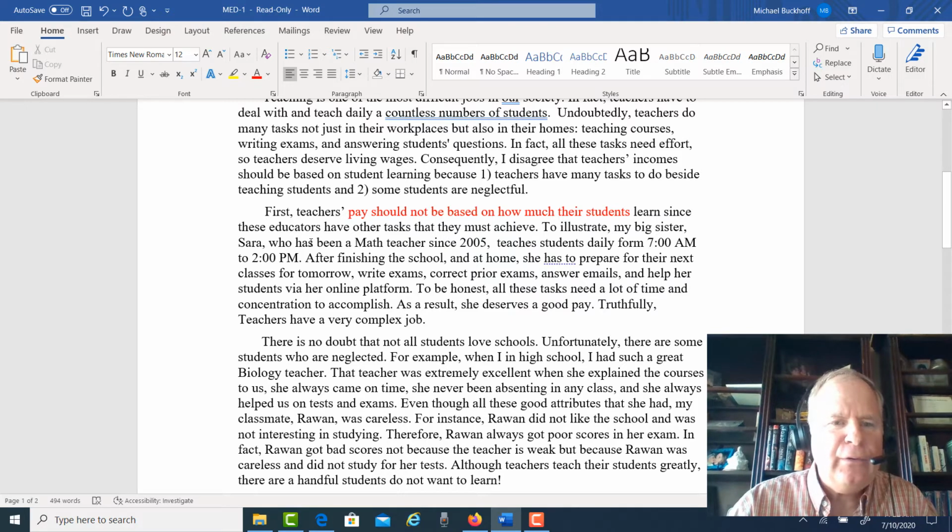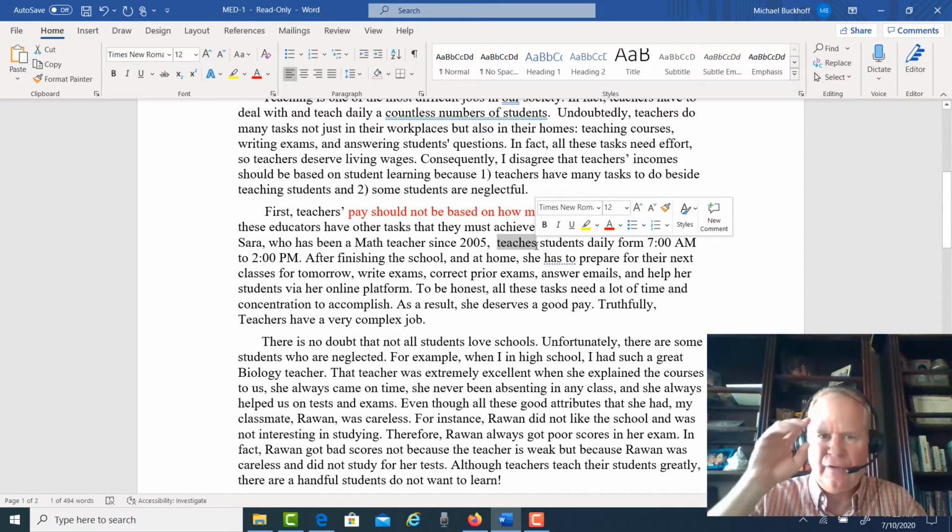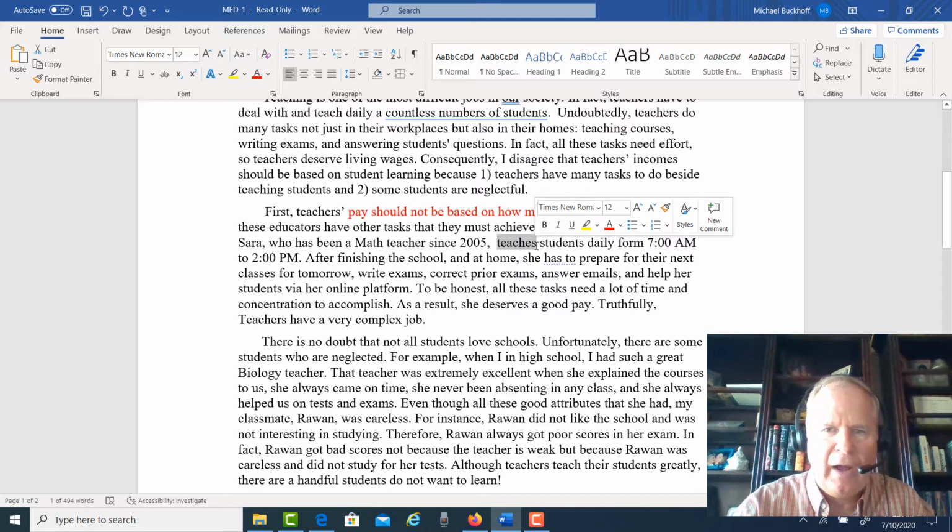So I used the word who has been, right? And I use the present perfect tense because you use since plus the time here. So who has been a math teacher since 2005. And then we put teaches students daily, so we're using the simple present here to talk about a habitual action. That's why I rewrote this the way that I did.